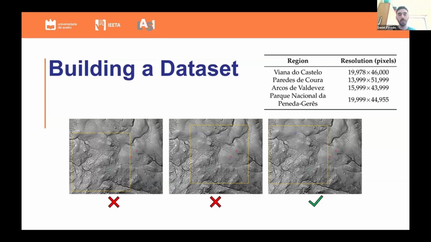This algorithm essentially iterates over all the annotations, generates random coordinates for a cropping window, and the cropping is done if it respects two main criteria. The first criterion is that the archaeological site must be fully visible within this cropping window. The second criterion is that there should not be archaeological sites that were already previously saved in another iteration. So we want to retain uniqueness in the dataset.